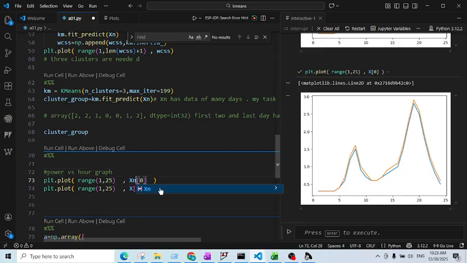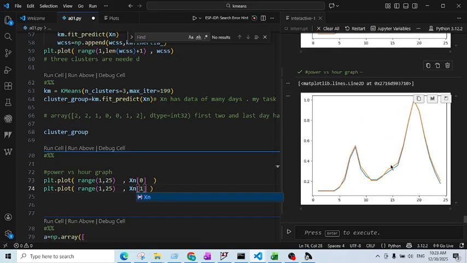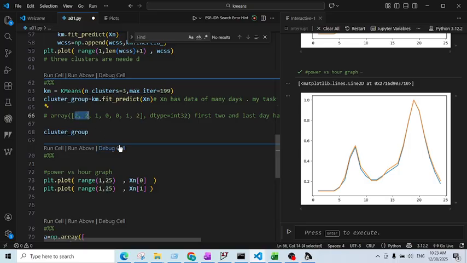I should use the normalized value, and now let's see. You can see that these 2 graphs look similar. That means these 2 days have some similarity, and similarly these 2 days also have similarity. Let's see, 0 1 2 3 and 4.